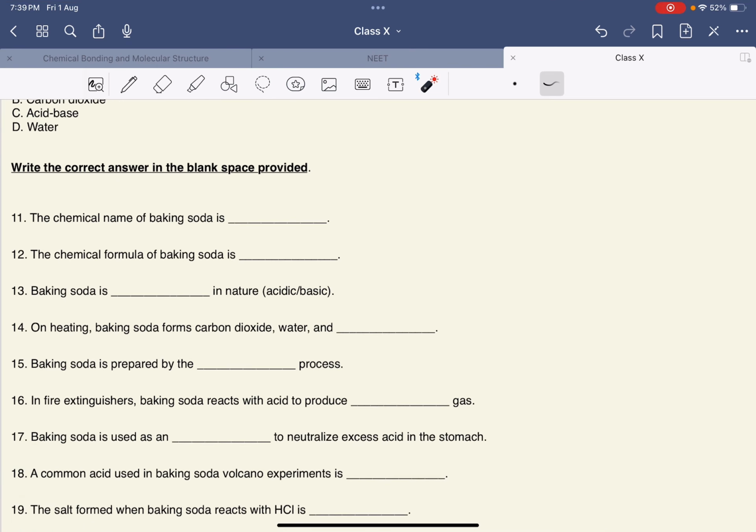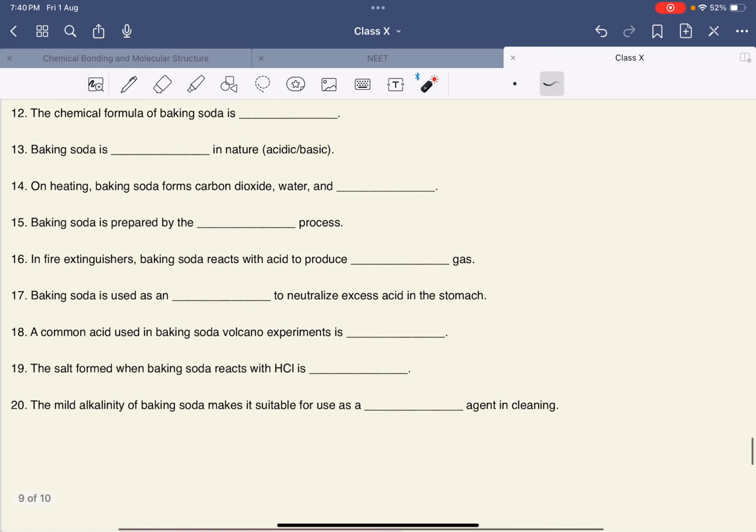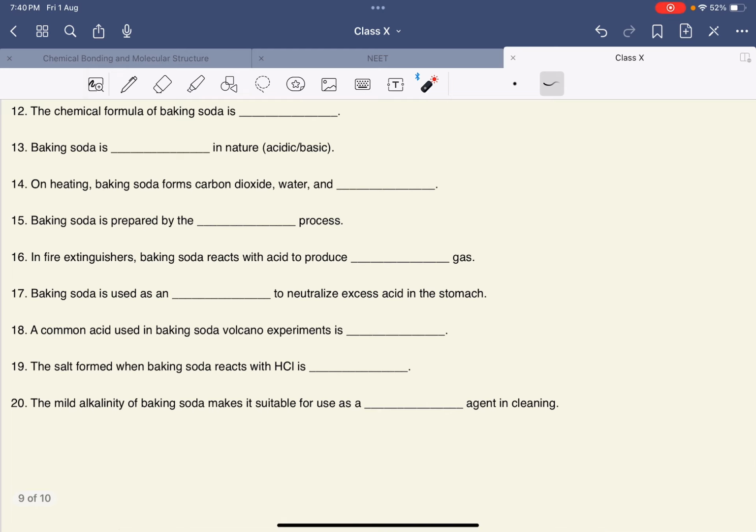The chemical name of baking soda is dash, the chemical formula of baking soda is dash. Baking soda is dash in nature. On heating, baking soda forms carbon dioxide, water and which compound? Baking soda is prepared by dash process. Baking soda is used as a dash to neutralize excess acid in the stomach.